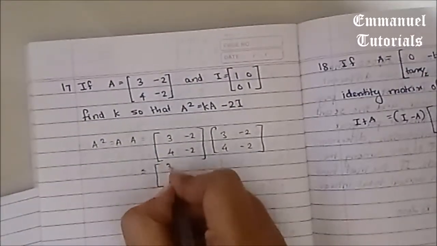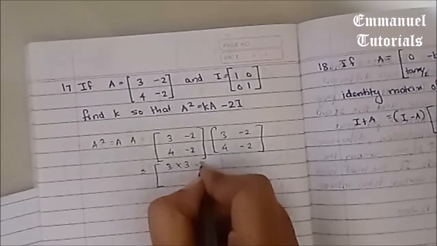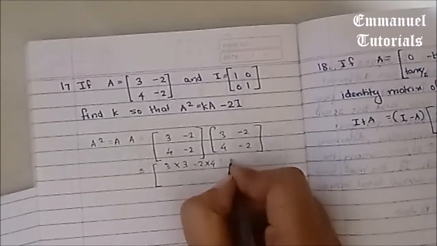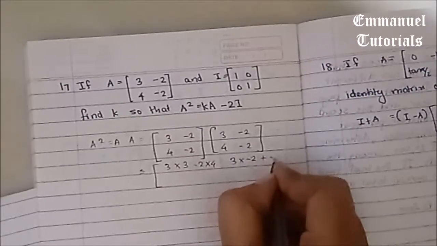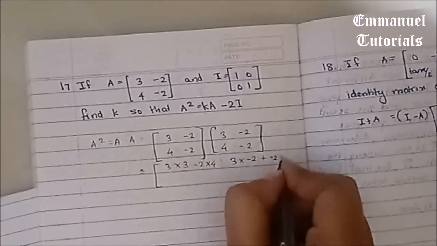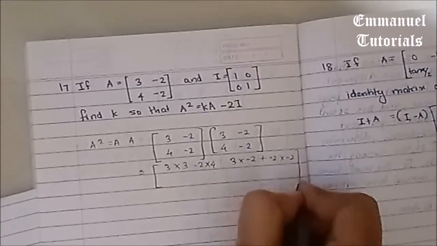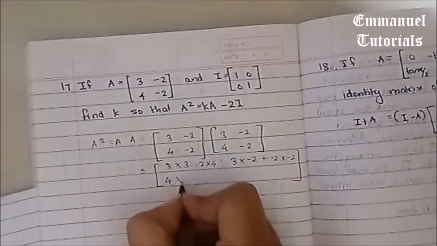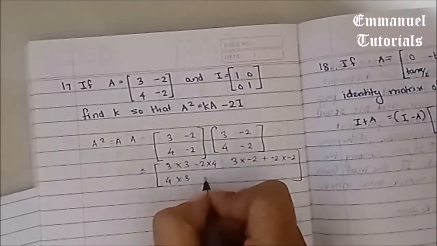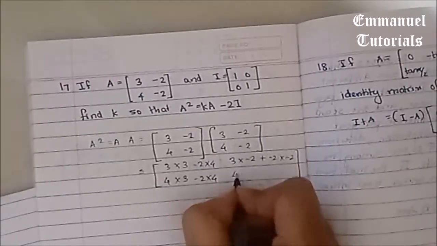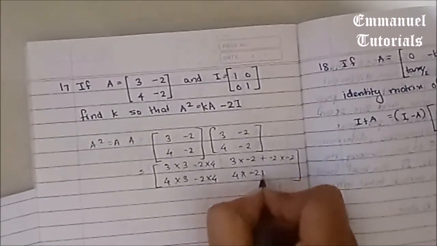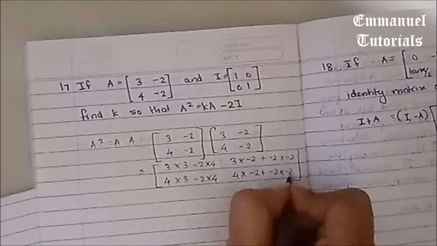3 into 3 minus 2 into 4. 3 into minus 2 plus minus 2 into minus 2. 4 into 3 minus 2 into 4. 4 into minus 2 plus minus 2 into minus 2.